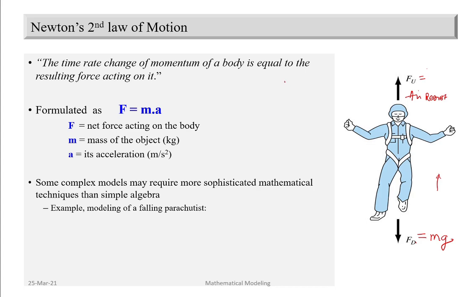When force is zero, Newton's law says force is equal to mass into acceleration. If force is zero, mass cannot be zero, so acceleration will be zero. Acceleration means change in velocity, so I can say (v1 minus v0) divided by time. Time cannot be zero, so this difference is zero. Means within two instants of time, my velocity variation is zero. Velocity is not changing at all, so velocity becomes constant.